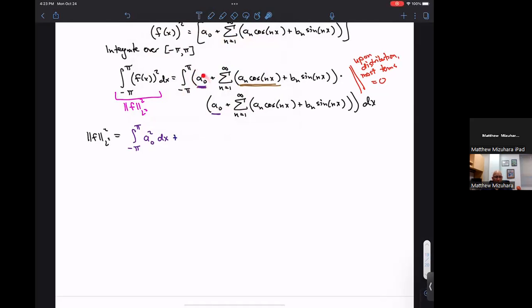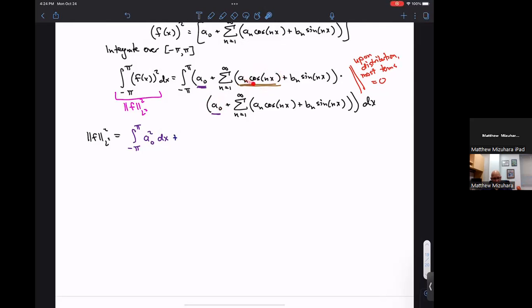So if I take this a naught term and multiply it by, say, the cosine terms and then integrate, I know those are all going to go to zero. Okay, I'm exploiting orthogonality of constants against cosines, and the same logic for sines. So the only term that sticks around when I multiply out this a naught with the second infinite sum is the a naught times a naught. Okay, so that's why I only wrote one term.